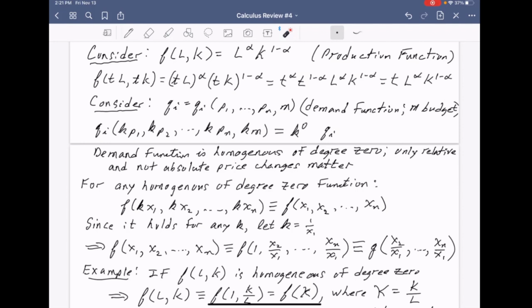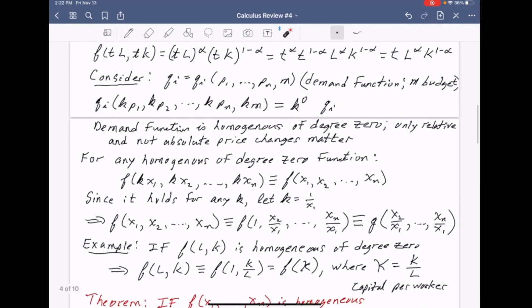Since it holds for any k, we can choose k being 1 over x1, and we can take that homogeneous of degree 0 function and multiply each of the inputs by k, which means dividing by x1. We get a 1 here, and each of the inputs is divided by x1, and that's equivalent to some function which is a function of each of the inputs divided by x1.